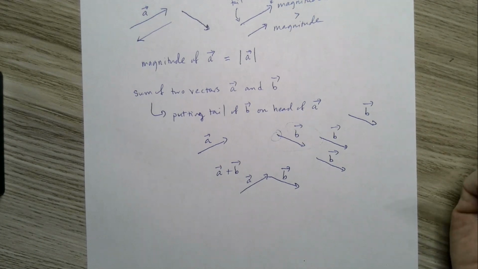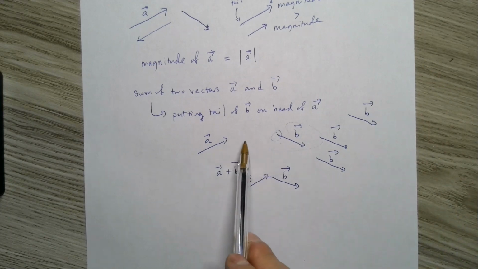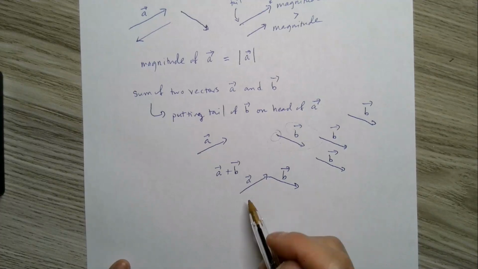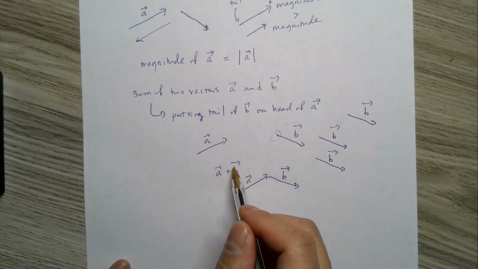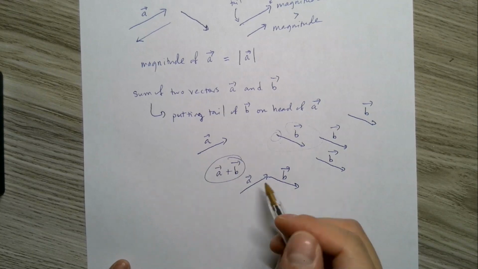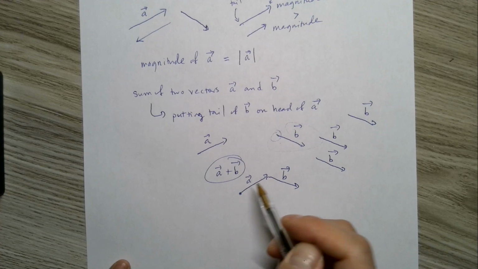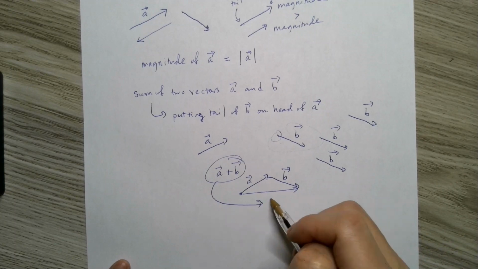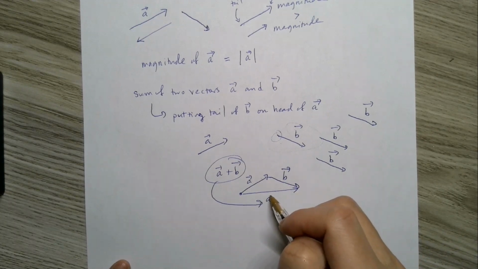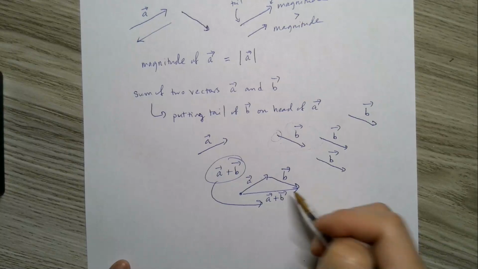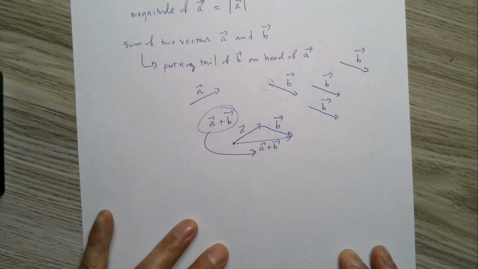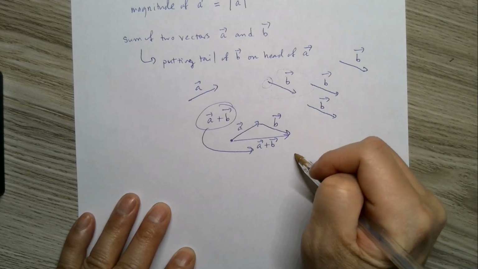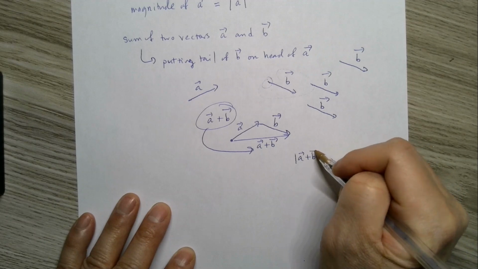So I am able to move this vector so that its tail is on the head of this vector, and after I do that, the sum of A plus B is a new vector from the tail of A to the head of B. This is vector A plus B. And the magnitude of that vector is written as such.